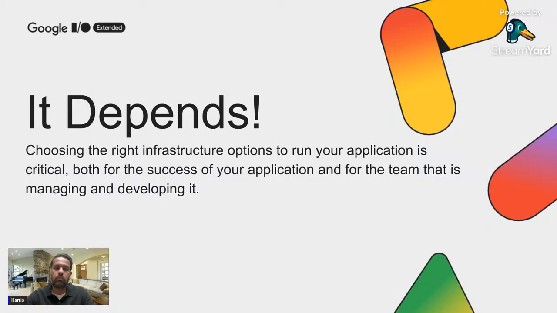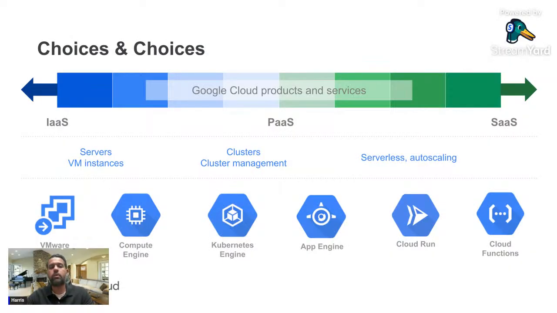So given that, essentially it depends on a lot of factors in terms of where or what should your application be hosted upon. And even sometimes it also depends on the kind of team that is managing and developing it. In that aspect, Google Cloud is segregated into three sections.